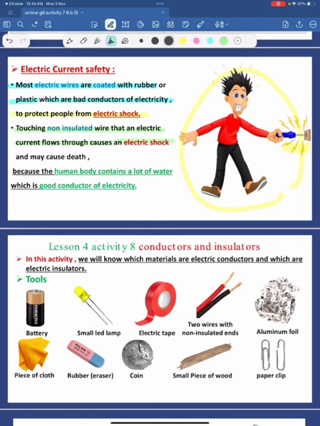If a human has an electric shock, what will happen? It can cause death. Why, mister? It's a small shock. No, because your human body contains a lot of water, which is a good conductor of electricity.